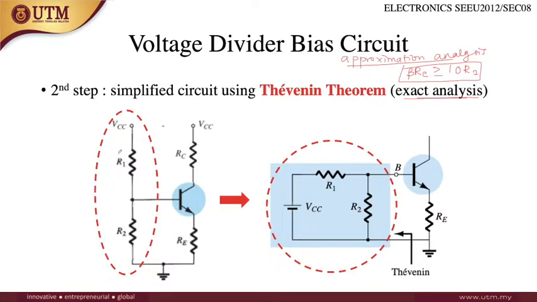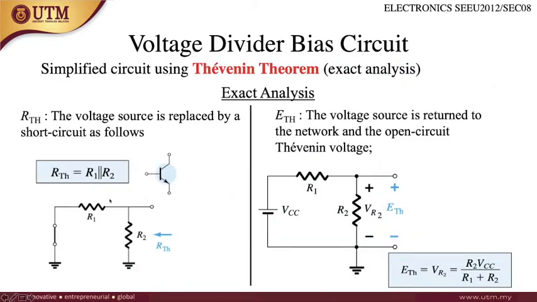In this case we are using only a single voltage supply, only VCC, and this is grounded. If you want to use the Thevenin theorem to simplify this circuit, it will look like this.